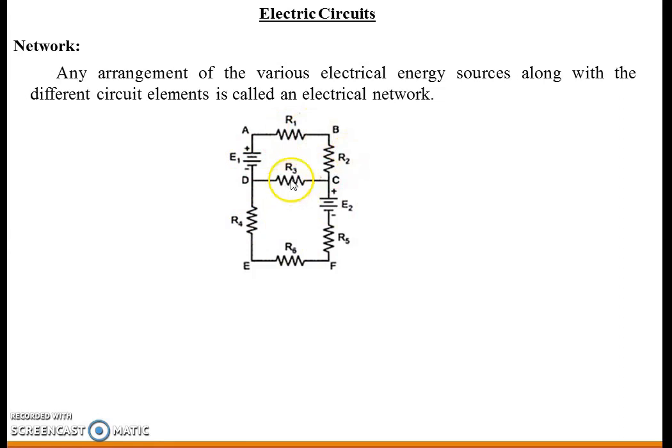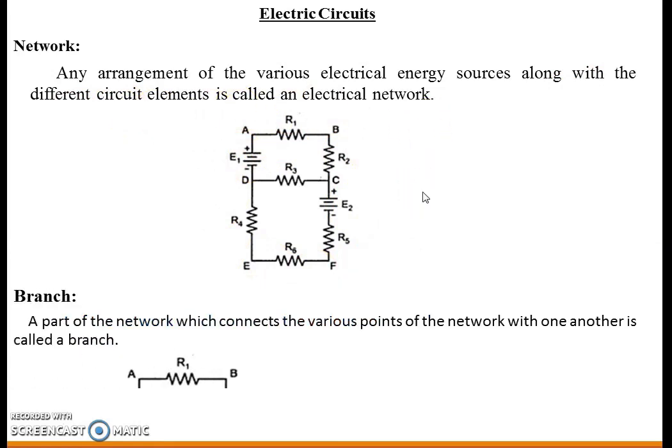R1, R2, R3, R4, R5, R6 are the resistors. In the circuit diagram, E1, E2 are energy sources, that means voltage sources, along with the different circuit elements. Here resistors are considered as circuit elements. This is called an electric network.